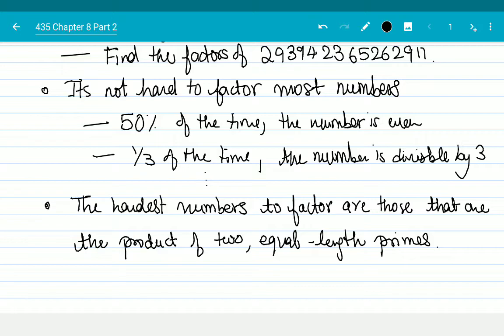Since it takes polynomial time to check for divisibility, if 2 divides this big number, if 3 divides, if 5 divides, each of these can be done in polynomial time in terms of the length of the number, but the number of numbers that you'll have to check grows by square root.